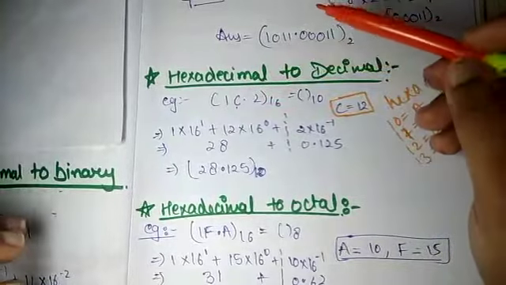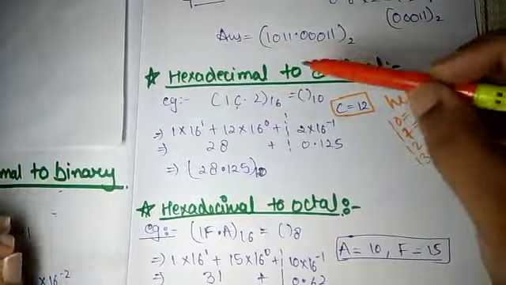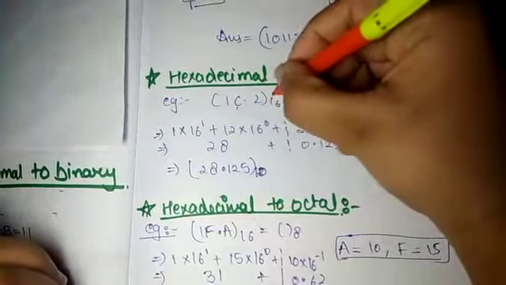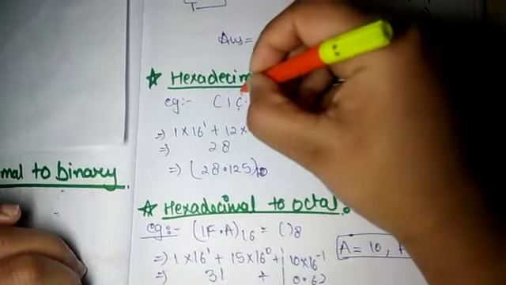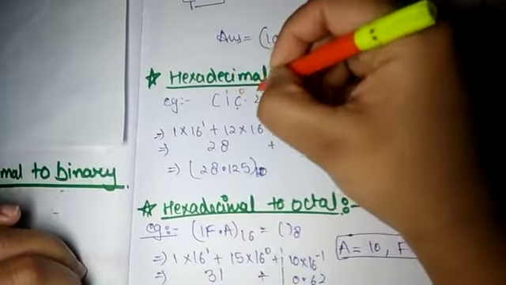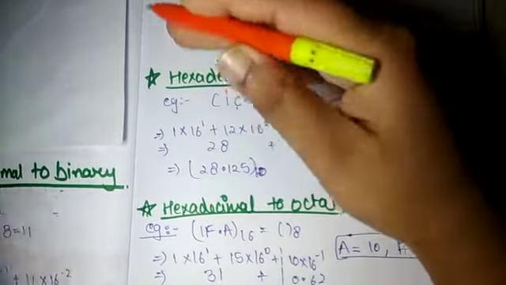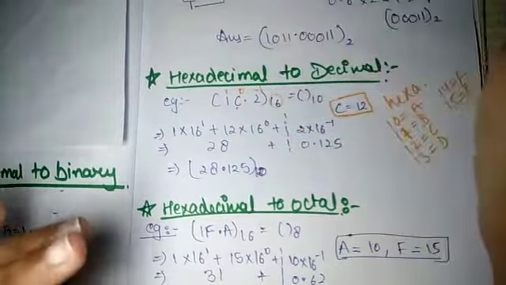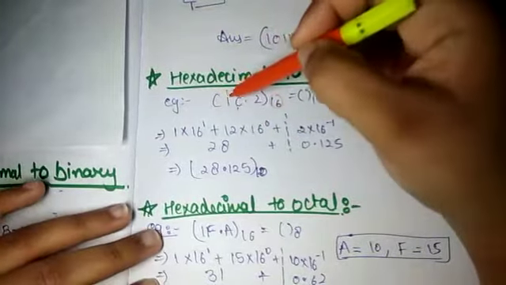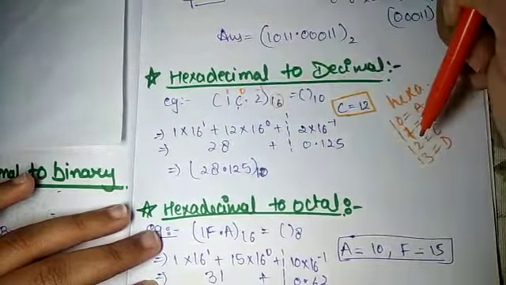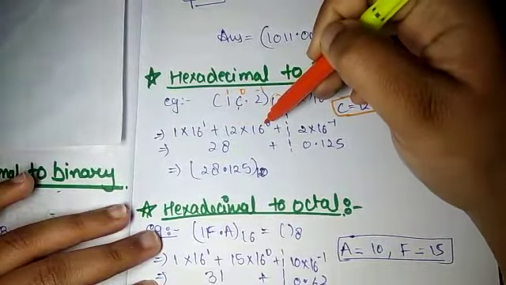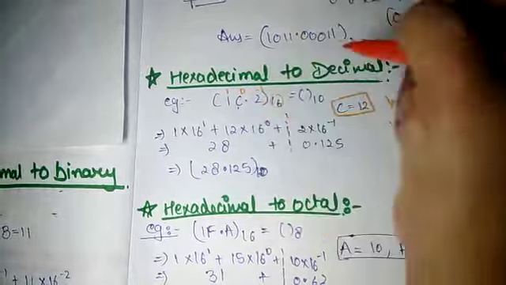So 1C.2. We are converting it the normal way we do for the decimal conversion, that is we multiply by the 16 base value having a power of 1, 0, minus 1. Before the decimal point the power is positive, after the decimal point it is negative. So 1 is multiplied by 16 power 1, plus 12 (that is C) multiplied by 16 power 0.